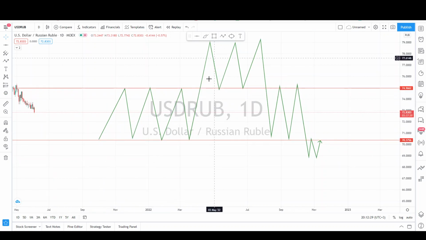Sometimes it's going to get broken, and once a resistance is broken, as you can see here where my cursor is, often the old resistance becomes the new support, and we find our resistance in another zone. And when the support is broken, most of the time the old support becomes the new resistance, and we find another support right below.